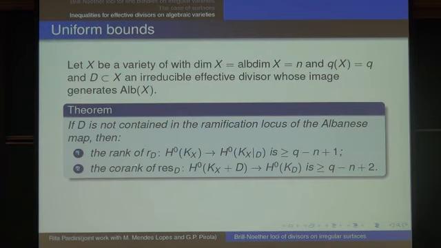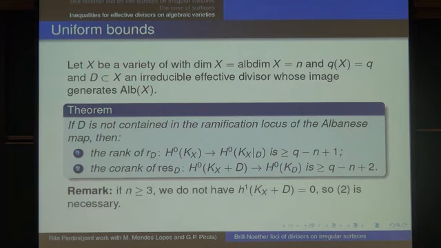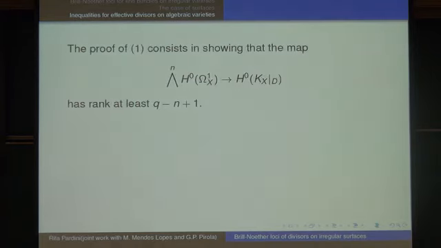And we can give a similar lower bound for the rank of the image of the next map, which is Q minus n plus 2. This is, as I already explained, the step 2 is necessary because we do not have vanishing.